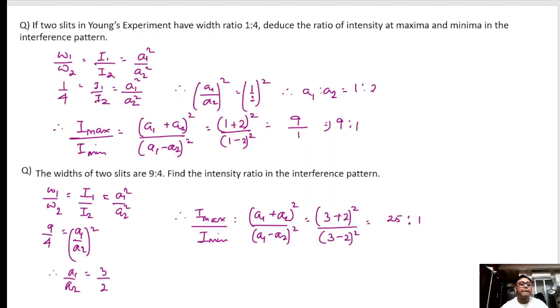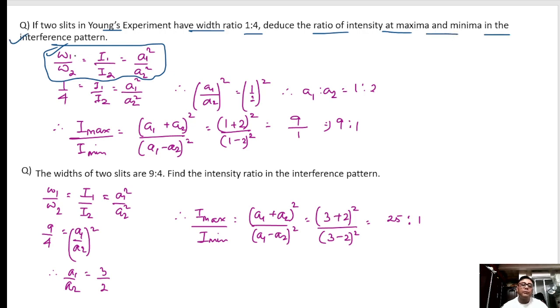First, if two slits have width ratio omega 1 by omega 2 given to us, we know this relation between intensity and amplitude. Deduce the ratio of the intensity at maxima and minima in the interference pattern.